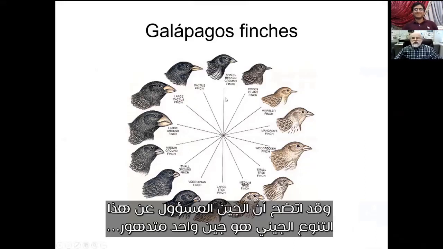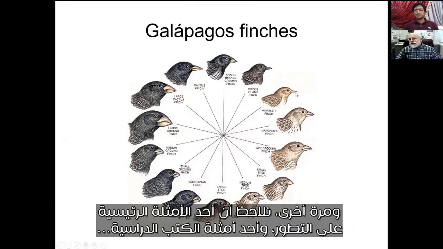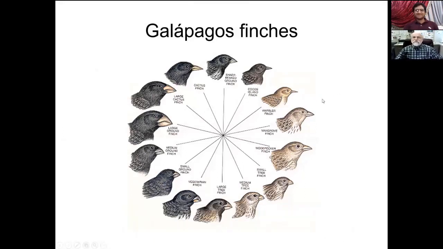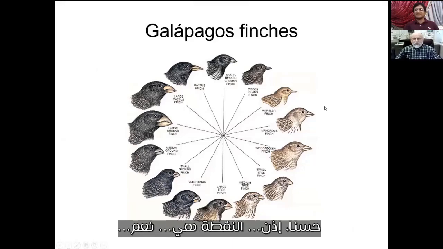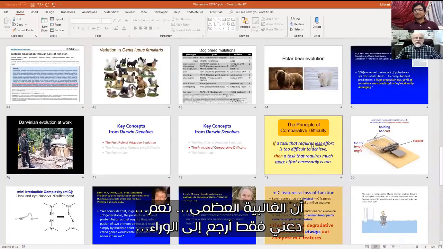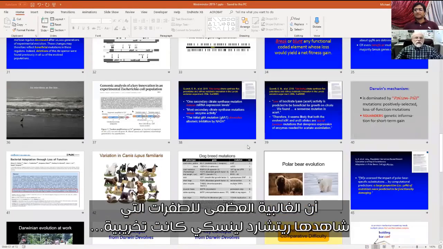And it turns out that the variant of the gene which is responsible is one that has been degraded. It has suffered damaging mutations. And so, again, one of the core examples of evolution, and one of their textbook examples, is actually devolution, not evolution.